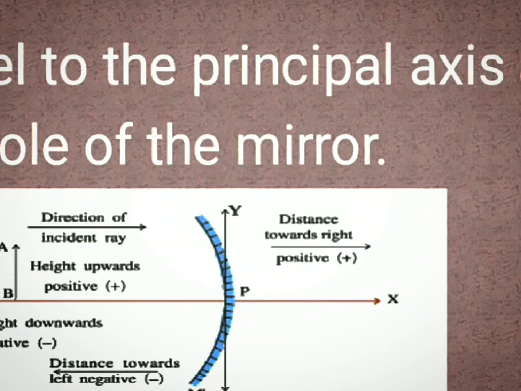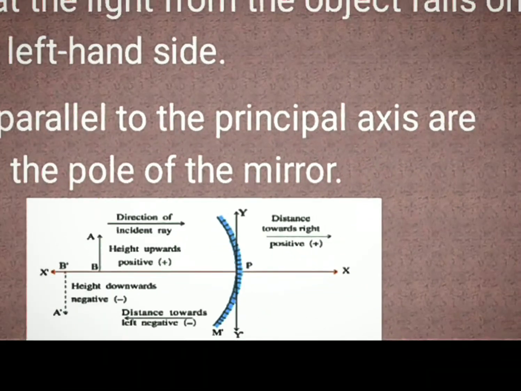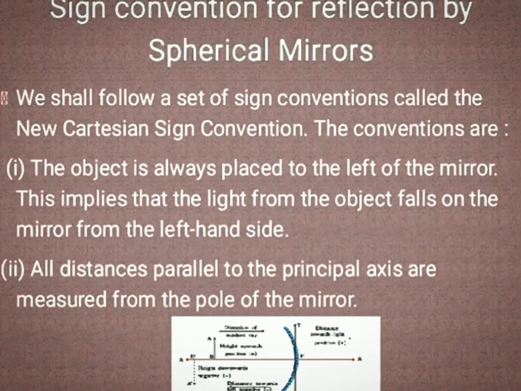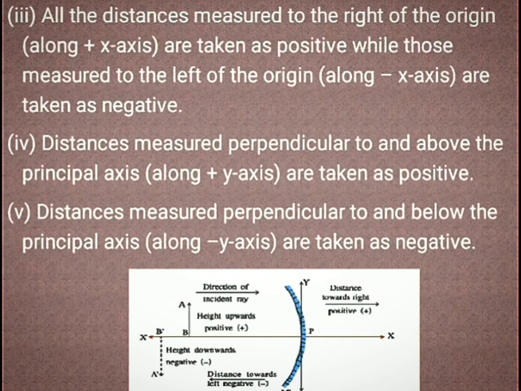That means distances on the left side of the mirror will always be considered negative. So all distances measured to the right of the origin are taken as positive, while those measured to the left of the origin are taken as negative.